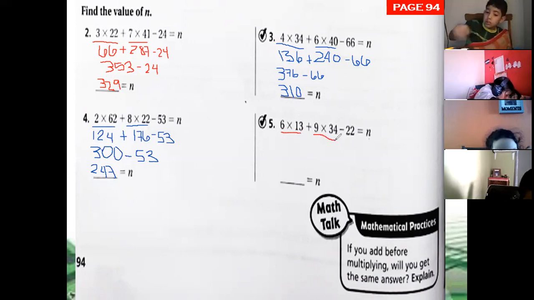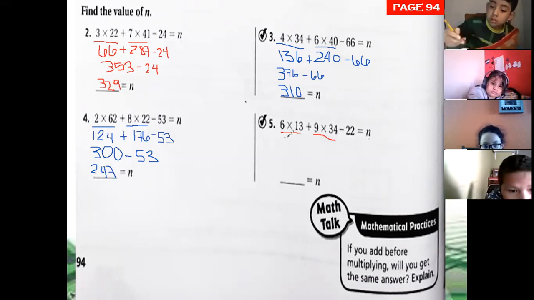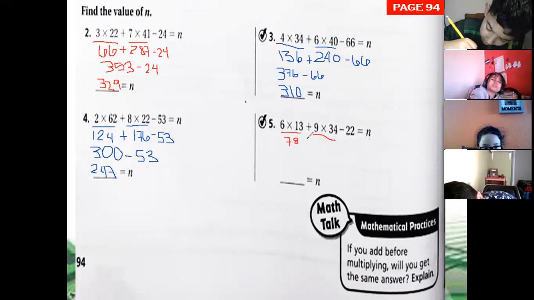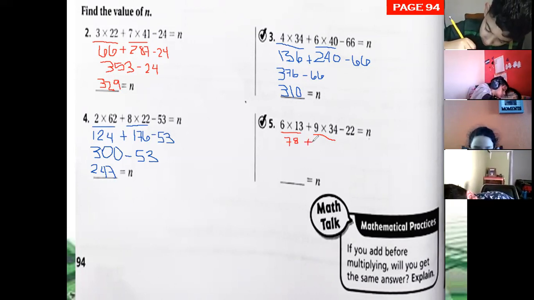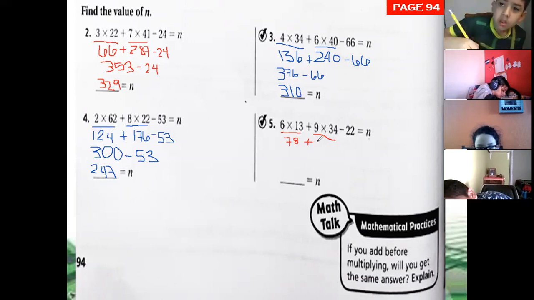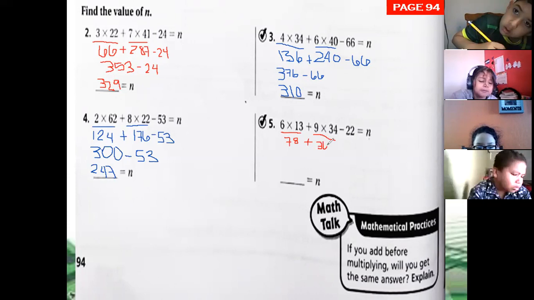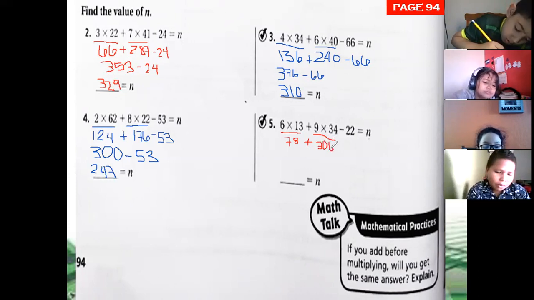So the last exercise, again, multiplication first. 6 times 13, 78. Plus 9 times 34, 306. Minus 22.